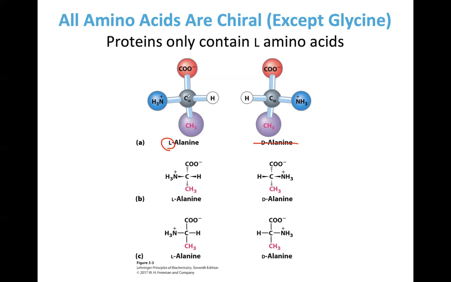Okay, it's not R and S. We're going to go by L. What L means is that if you draw the amino acid in this way, put the carboxylate on top, put the amino group on the left, and if you end up with your R group on the bottom and your hydrogen on the right, then this is an L amino acid.